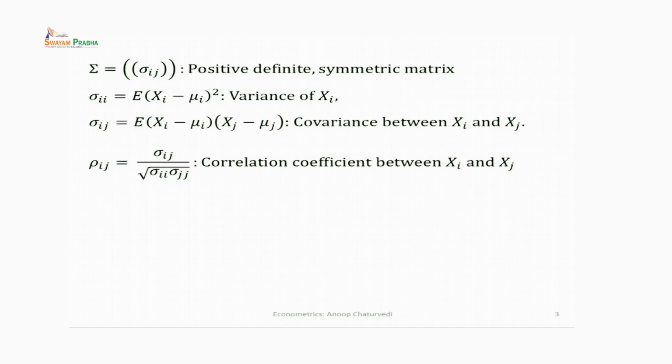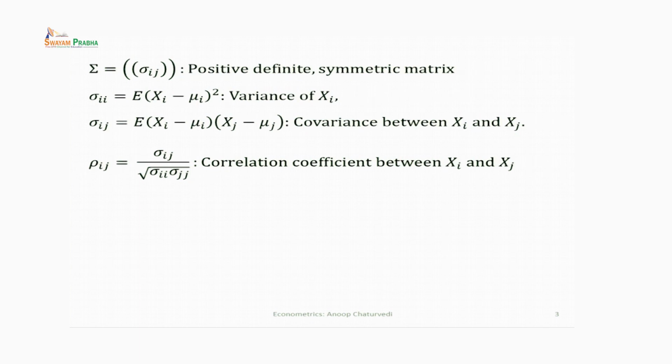So, the ith diagonal element of capital sigma gives you the variance of xi, and for i not equal to j, the ijth element sigma ij is equal to expectation of (xi minus mu i)(xj minus mu j), which gives you the covariance between xi and xj.